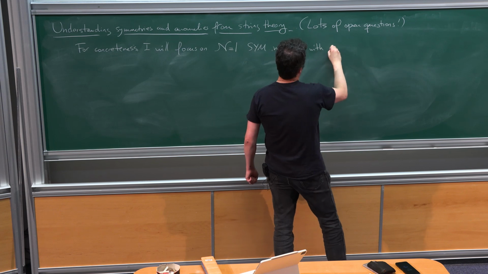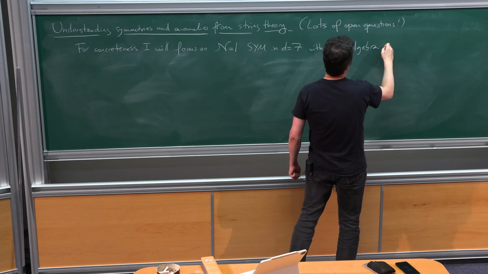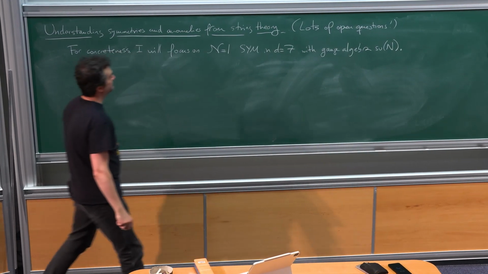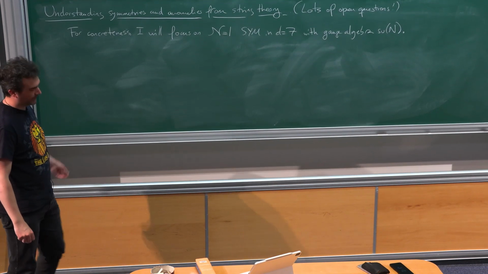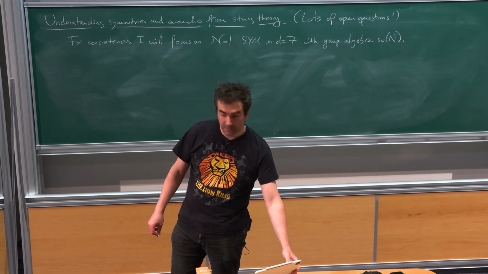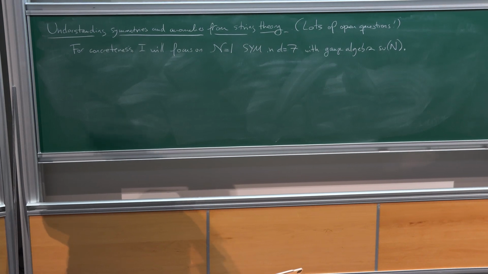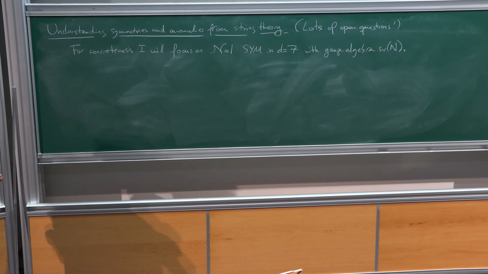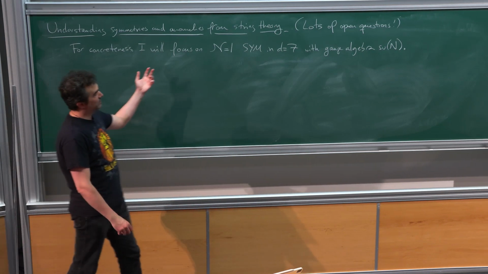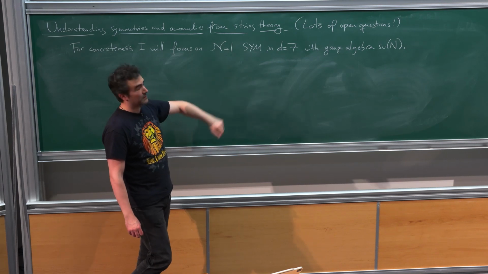With gauge algebra SU(N). So this is a theory that has interesting generalized symmetries. These generalized symmetries have anomalies, and this is a theory that has a relatively simple string theory engineering. So my task is going to be to reproduce what we know about field theory from the string theory construction.